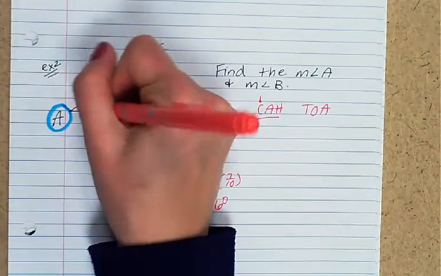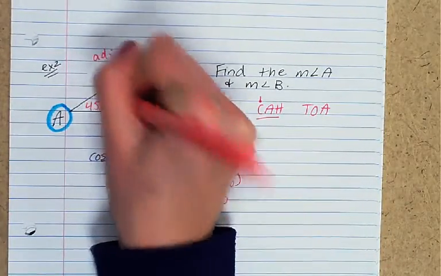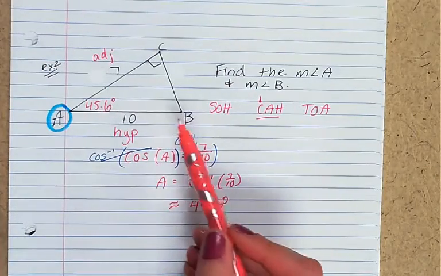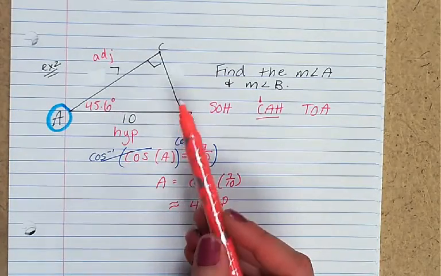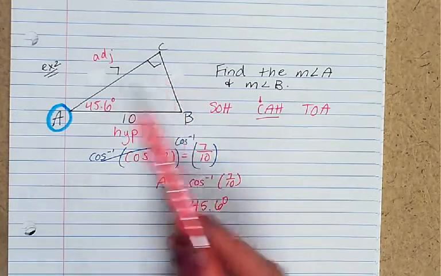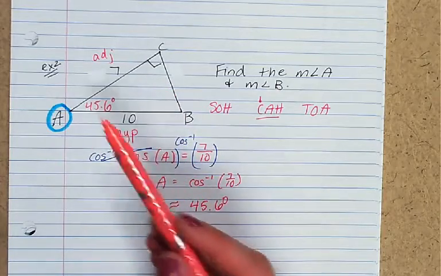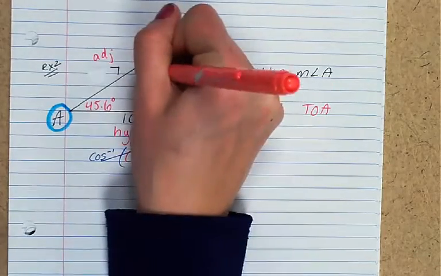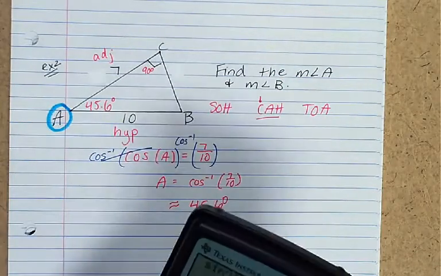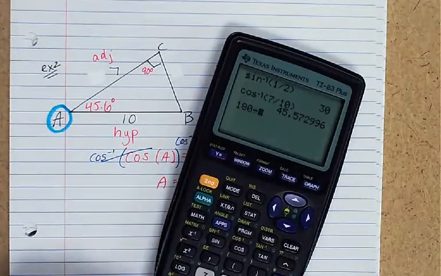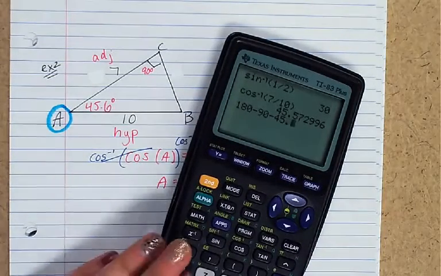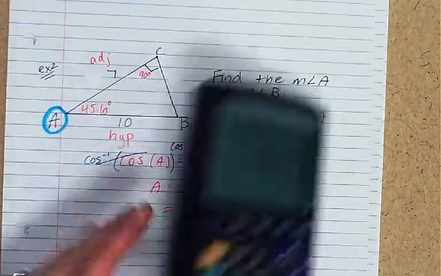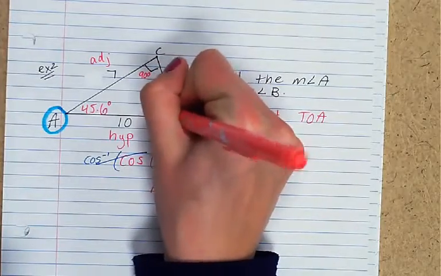Now, you could do another trig function to help you figure out B, but we also know that there's 180 degrees in every triangle. If we know two of them, because remember we know this is 90 degrees, we can just do 180 minus 90 minus 45.6, and that will give us the last value, which is 44.4 degrees.